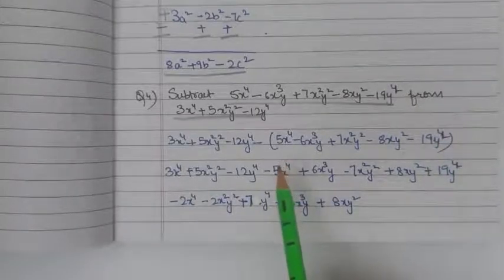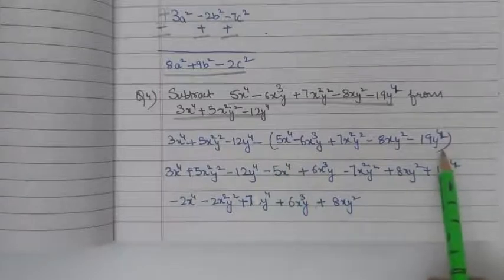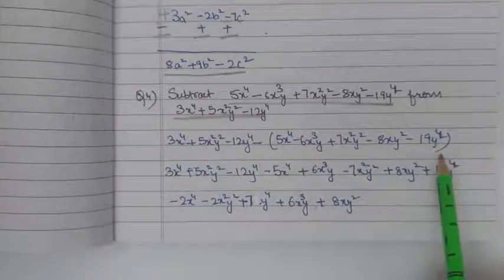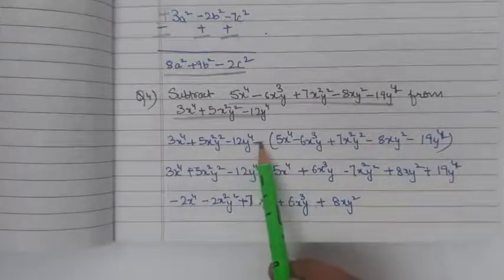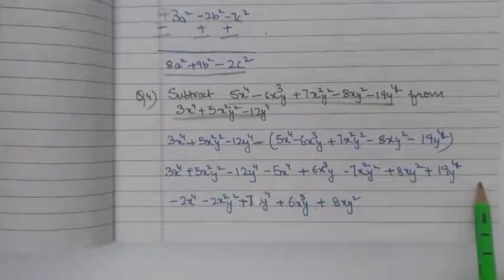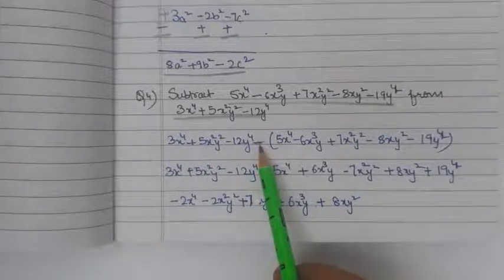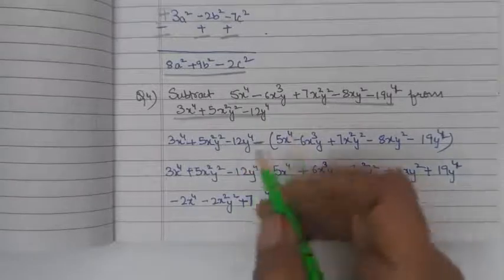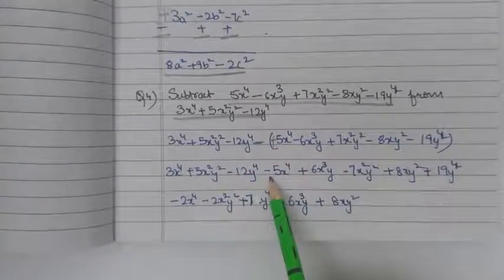First of all, we will open the bracket. Don't forget to put this bracket, children. Now, on opening the bracket, we will interchange the signs because there is a negative sign outside the bracket. So see here, it was plus, will become minus.